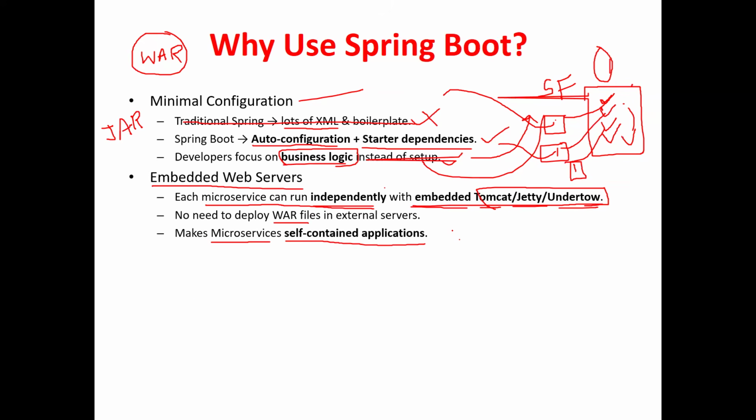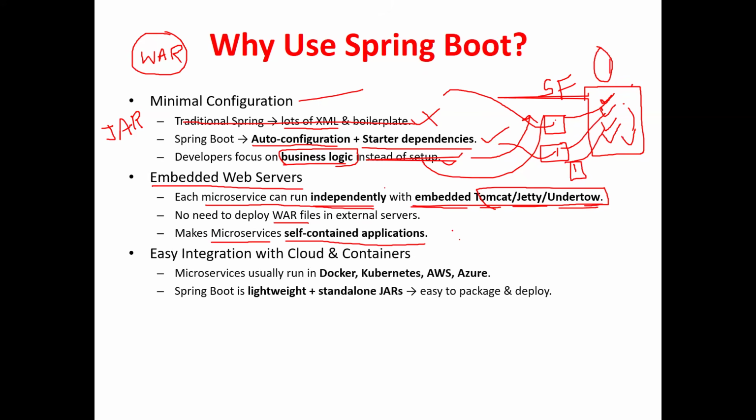Next, easy integration with cloud and containers. Our microservices usually run in Docker and Kubernetes. If we are able to run in Docker and Kubernetes, we can deploy our application on AWS, Azure, Google Cloud, any cloud platform which supports Kubernetes.